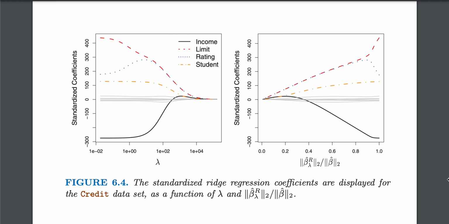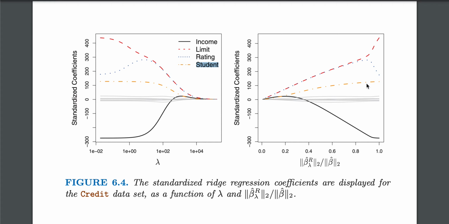Now on the right hand panel of this figure, we are seeing the same coefficients. We have income, limit, rating, and student. This is income. We have limit and rating, and then we have where the status is student.